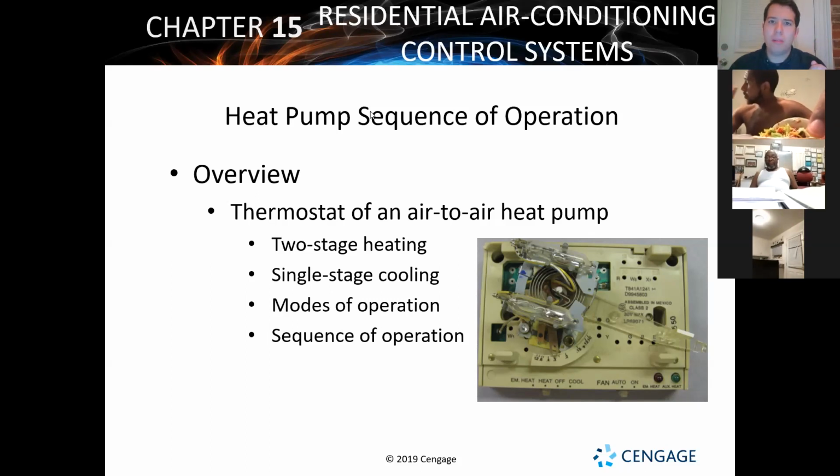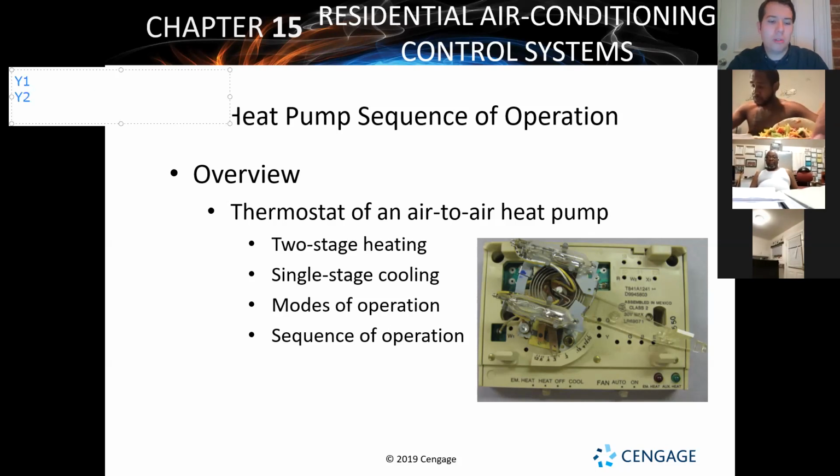Now, with a heat pump, there are some unique things that you'll see on certain systems, and we'll talk about it a little bit more in a minute. One of the things you're going to see, with those different abbreviations we had, is probably Y1, Y2, and W1, W2.